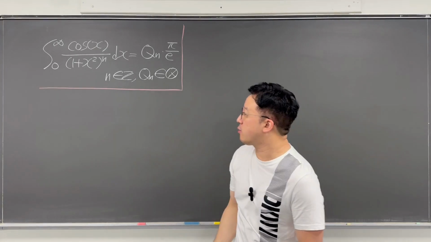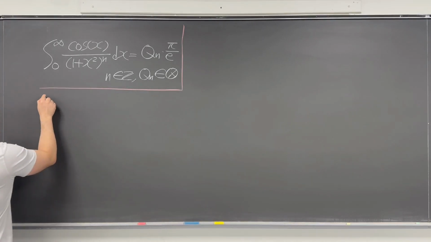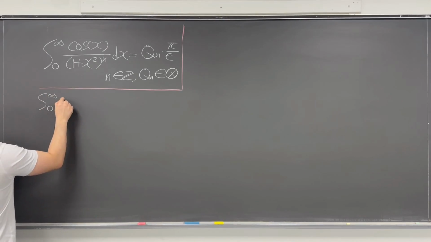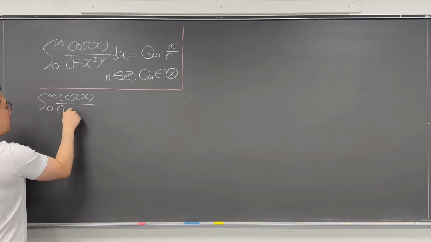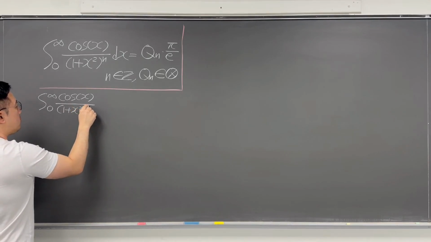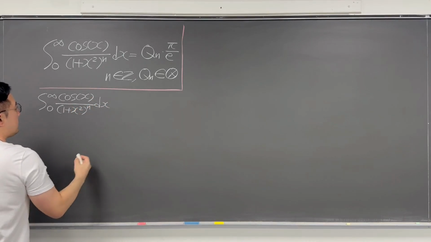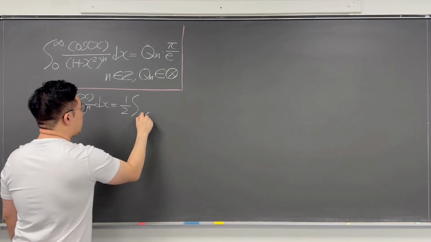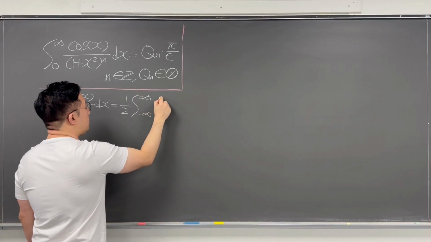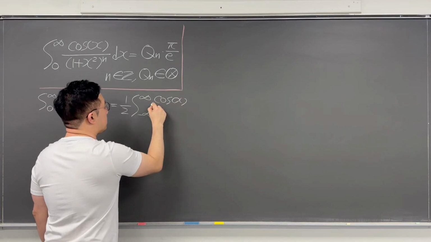So let me rewrite this integral first. The integral from 0 to infinity of cosine x over (1 plus x squared) to the power of n dx is the same as 1 over 2 times the integral from negative infinity to infinity of your integrand.